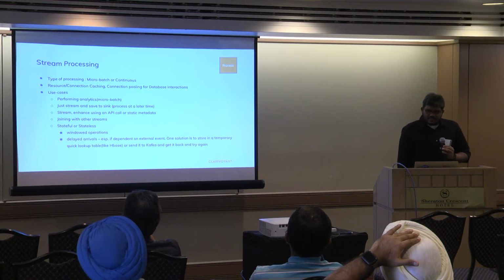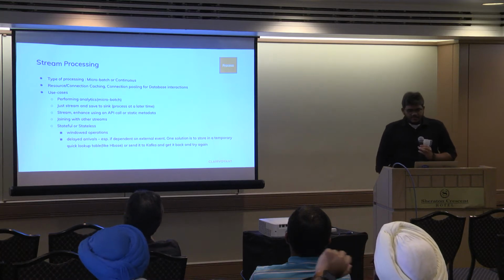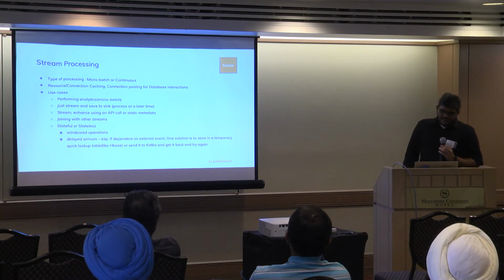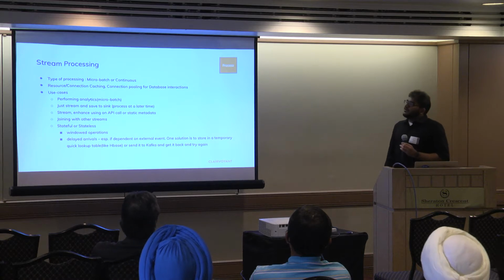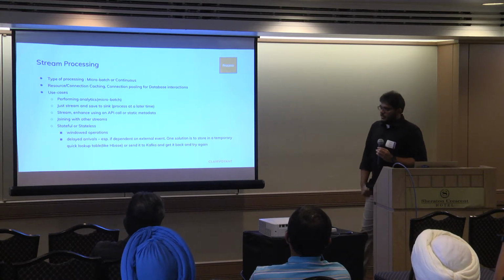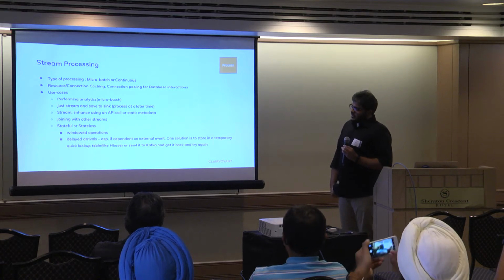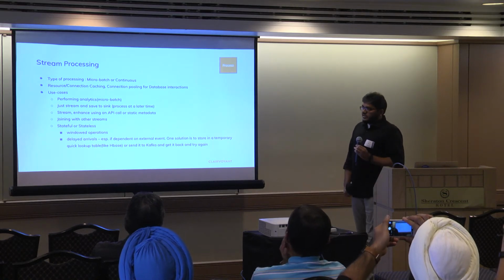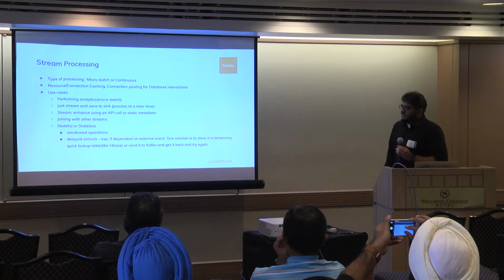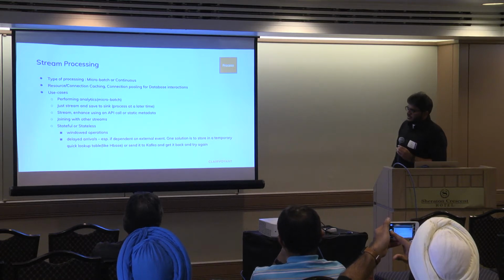And the next step is the stream processing. The main decision point here is knowing whether we are doing a micro batch or a continuous process, right? This will define how you take care of resource caching and connection pooling for database interactions, right?